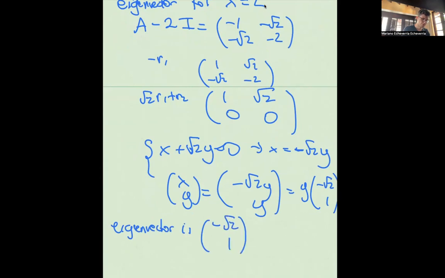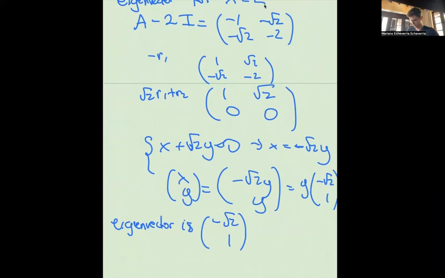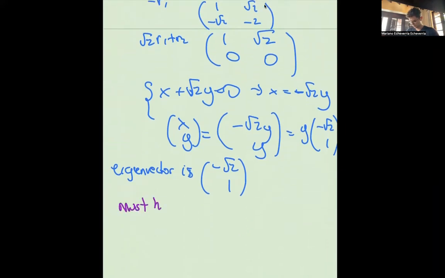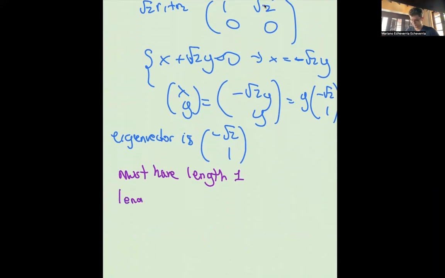But the important thing in this case is that you must make it of length 1. For this application, we do need to normalize them. So what is the length of this vector? The first entry squared is 2, the second entry squared is 1, so the length is root of 3.